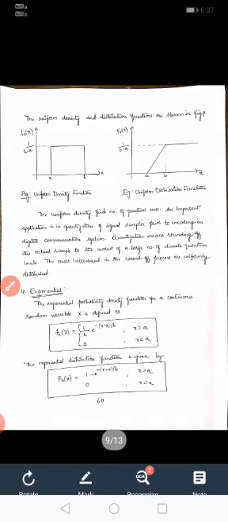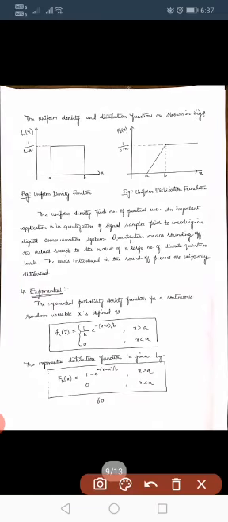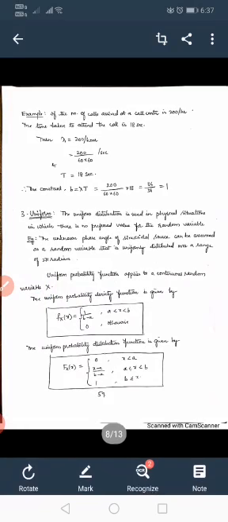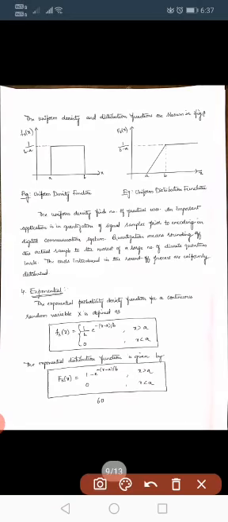And next, this is the distribution function. The distribution function has value 0 for x less than a, (x minus a) by (b minus a) from a to b, and for b less than or equal to x, it is 1. So this is the density and distribution function curve.